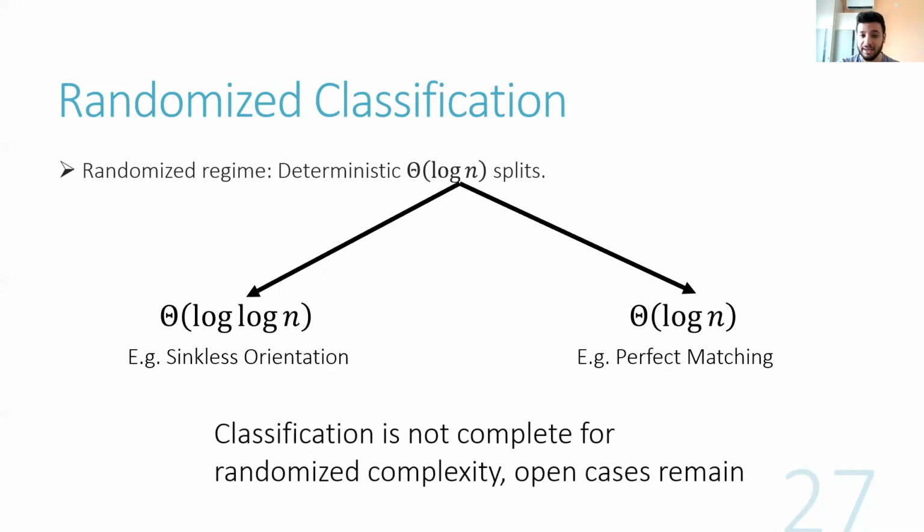And as I said, the classification is not complete, and there are open cases remaining. I'm going to briefly mention some of the techniques that we employed in order to show lower bounds for the randomized complexity of binary labeling problems.